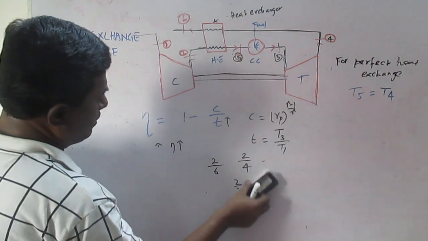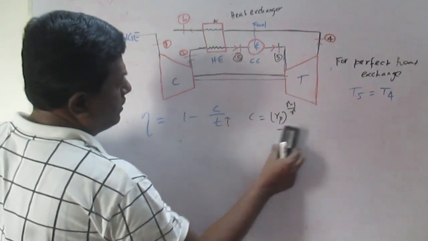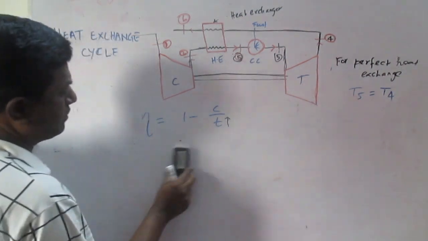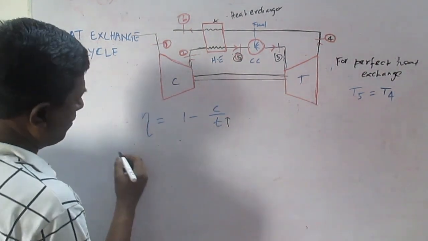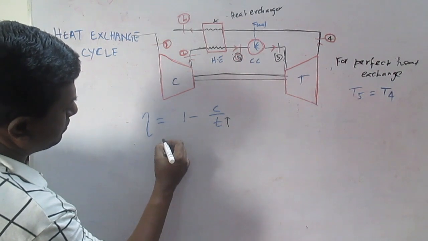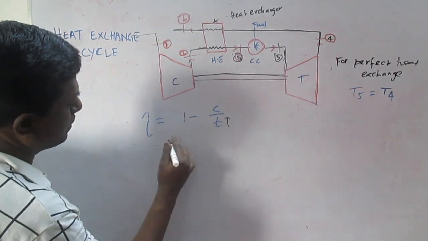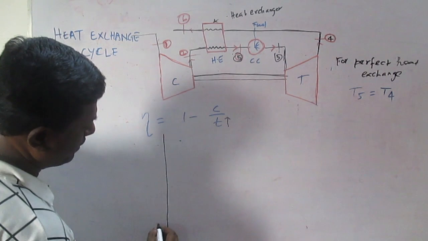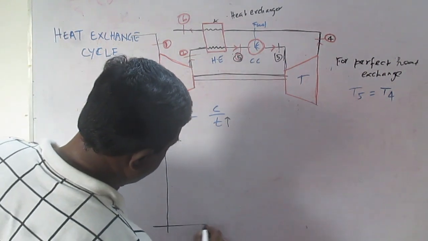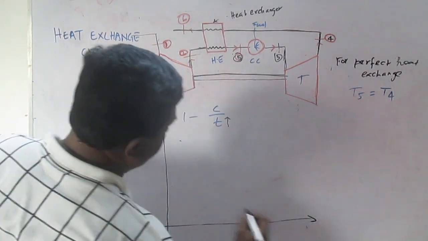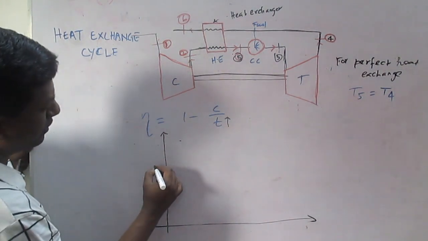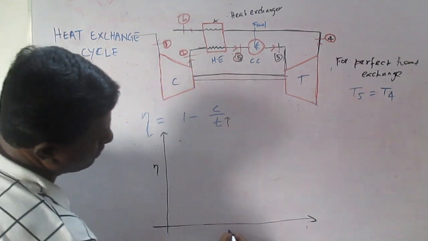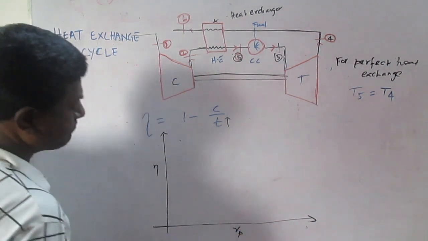So based on this discussion, we can draw the diagram, that means a graph can be drawn. How does the graph look? The graph looks like this. This is just based on whatever we discussed. So this is the performance curve, efficiency versus RP, the pressure ratio.